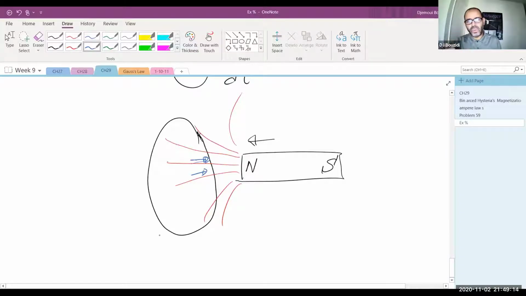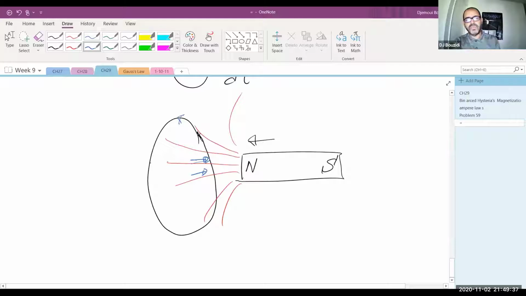Say if every second there are two lines coming, it's going to create two lines every time to compensate for the ever increasing field lines this way. So it's going to create its magnetic field this way. So now I know the direction of the magnetic field is pointing this way. So the current must be curling counterclockwise in this situation. So the current is this way. And that is how I know the direction of the current.